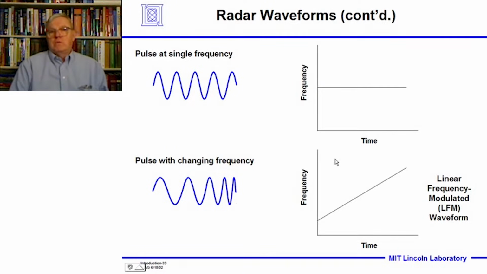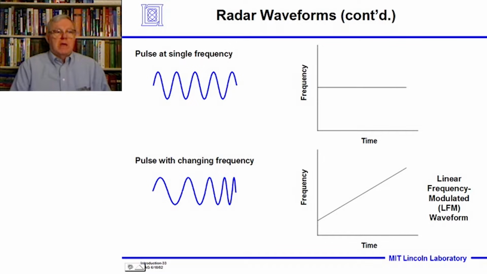There's one waveform that we use to get a better accuracy out of a pulse. When we're making better range accuracy of the precise location and range of the target, we can do that at the same time by having long pulses, which will give us lots of power.